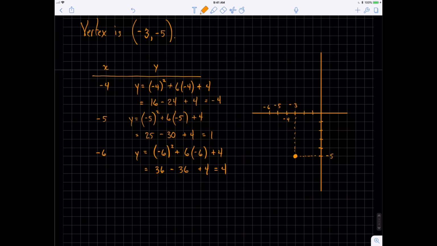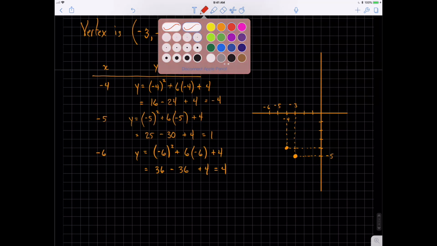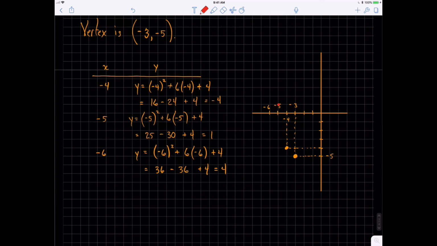So now let's graph our points. We have negative 4, negative 4. So I go to negative 4 and I go down to negative 4. So I have a point there. My next is at negative 5, 1. I'm going to grab another color here. Negative 5, 1.